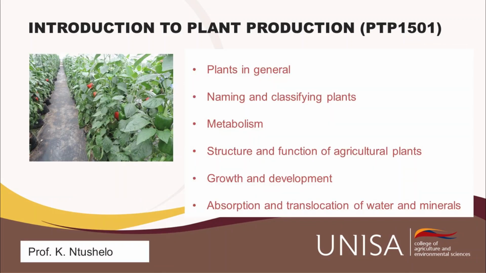Our module is divided into these parts. It's divided into 6 parts, which are plants in general, that is when we're just talking about plants, their importance. Naming and classifying plants, that is what is called taxonomy.